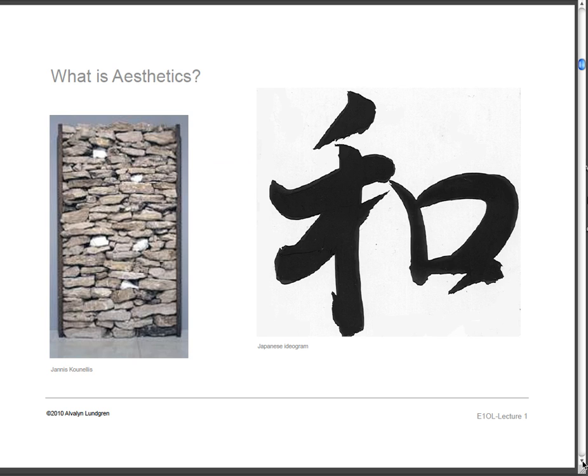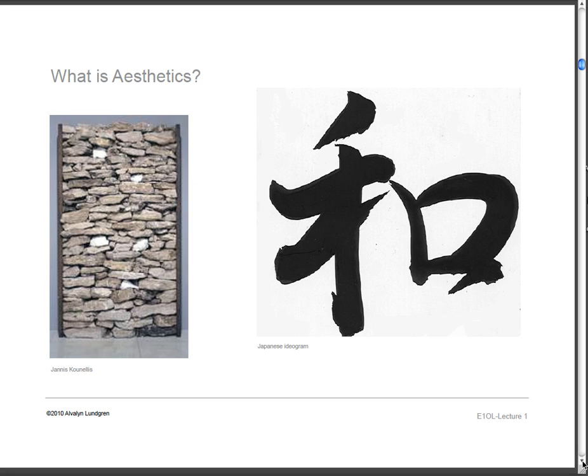Then this is the big issue. What is aesthetics? A lot of people come to the table with the idea that aesthetics is a subjective, personal preference. And if we take that understanding, then we lose the race from the very get-go, because if it's all subjective, there's no objective standard or criteria by which we can judge good design from bad design.